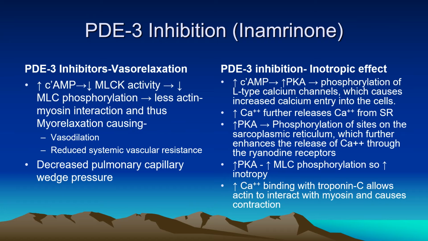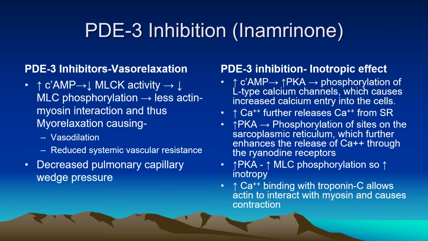Increase in cyclic AMP reduces MLC kinase activity, myosin light chain kinase activity. There is reduction in the phosphorylation of myosin light chain, and so there is less activation and contraction, that is less actin myosin interaction, and thus myorelaxation occurs. So vasodilatory action is because there is less interaction and less phosphorylation.